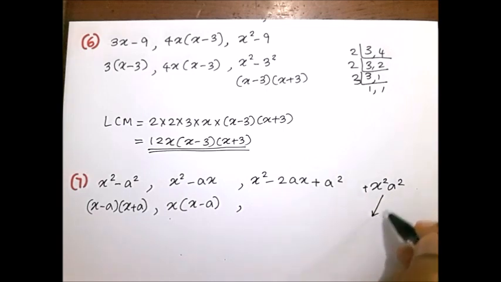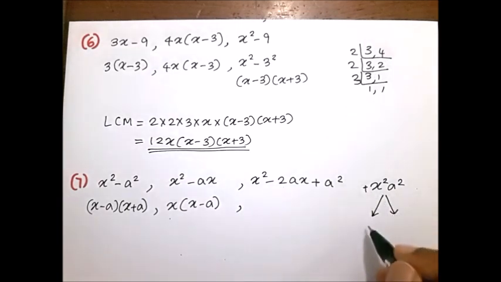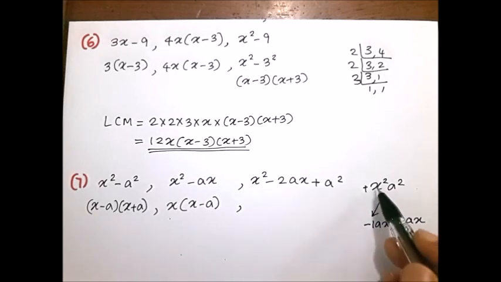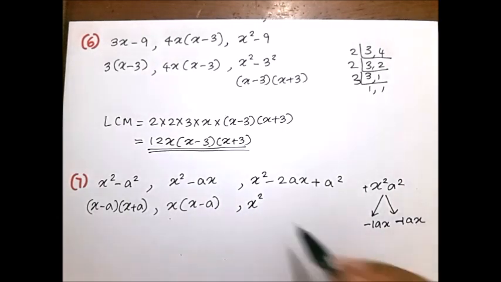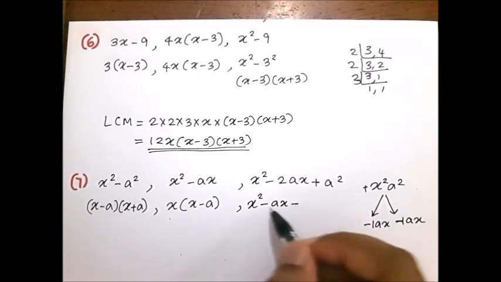Then separate the middle term into two terms. Multiplication of these two terms should be equal to this one, and addition of these two terms should be equal to the middle term. Two terms are minus 1ax and minus 1ax. Minus multiplied by minus is plus, then minus 1 plus minus 1 equal to minus 2. Write only ax, it means 1ax.